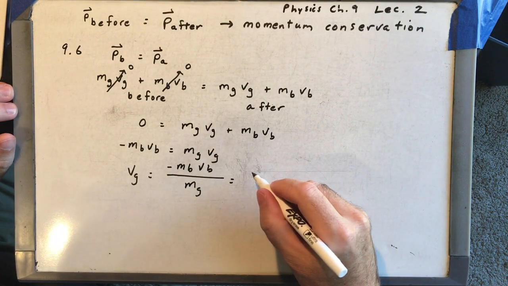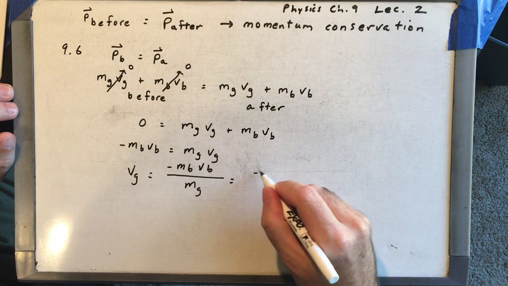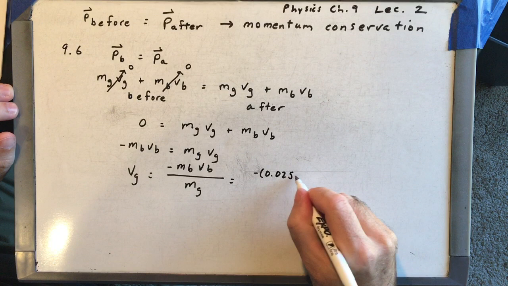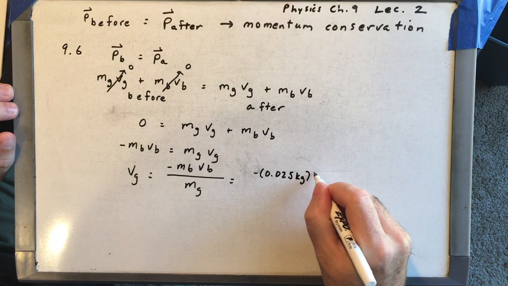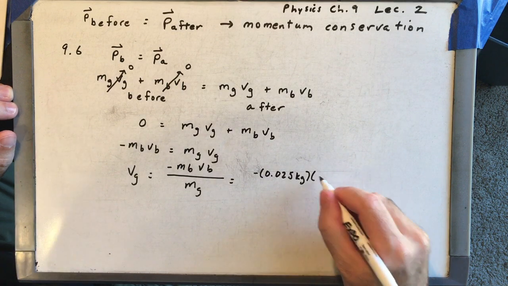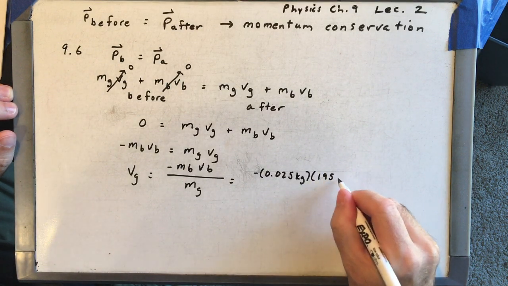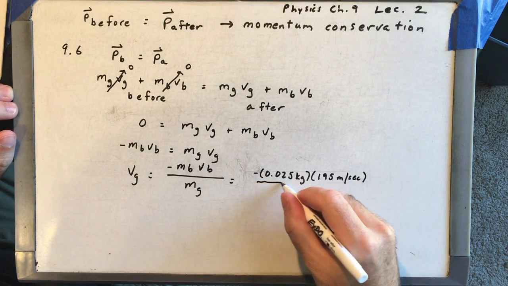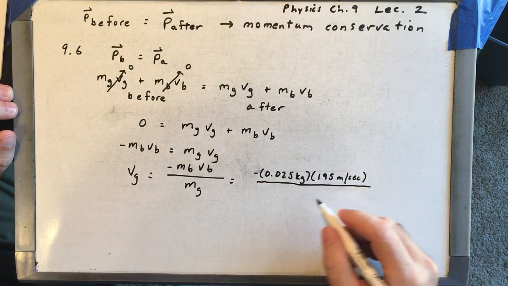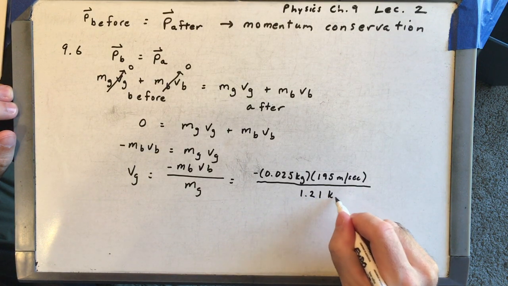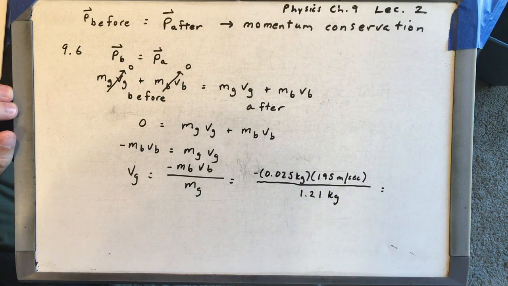All right, the mass of the bullet is 25 grams, so minus 0.025 kilograms. Velocity of the bullet is 195 meters a second. And then the mass of the gun is 1.21 kilograms.